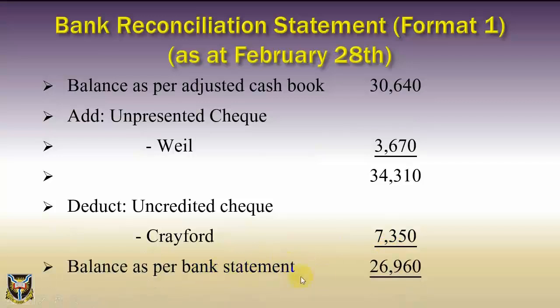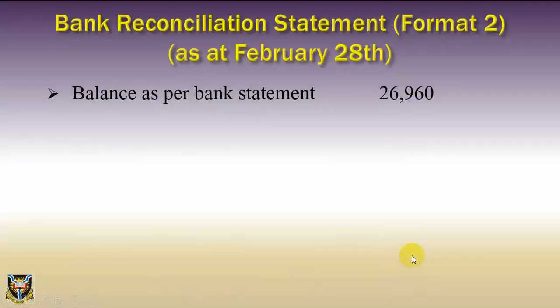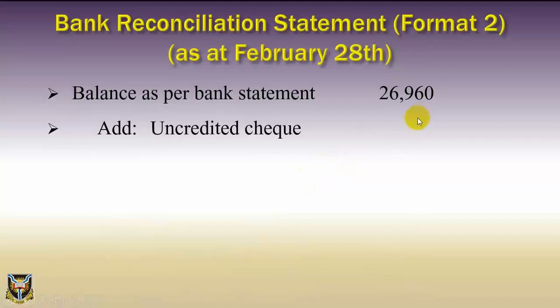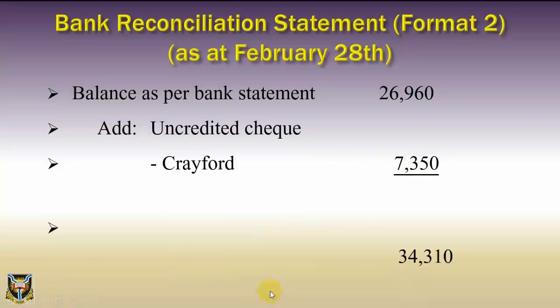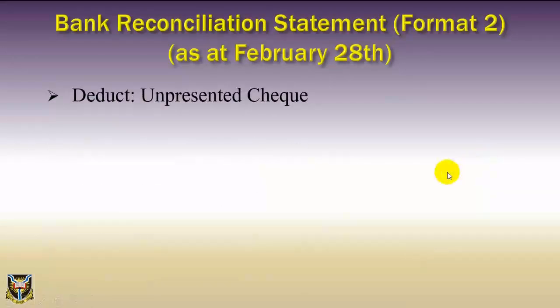Balance as per bank statement 26,960. Bank reconciliation statement, format 2, as at February 28. Balance as per bank statement 26,960. Add uncredited check, Crayford, 7,350. Total 34,310. Deduct unpresented check, Whale, 3,670. Balance as per adjusted cash book 30,640.